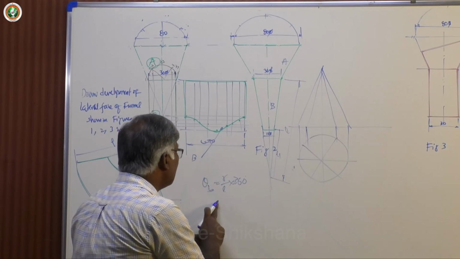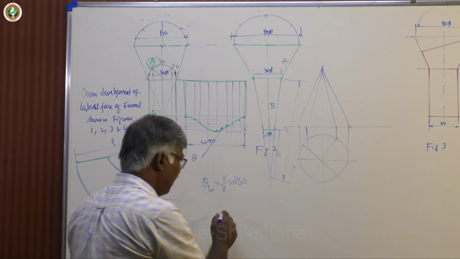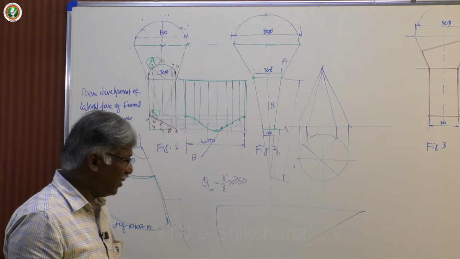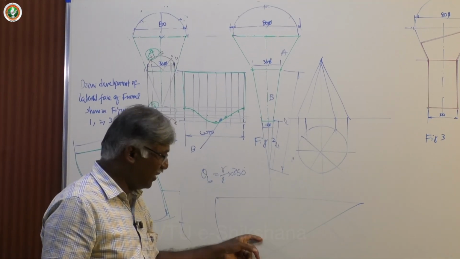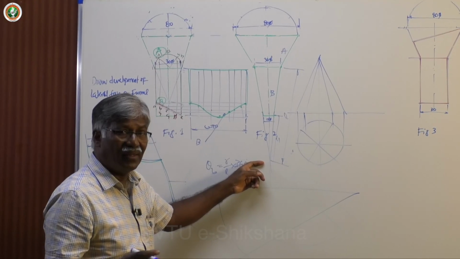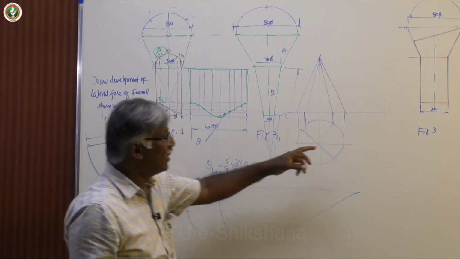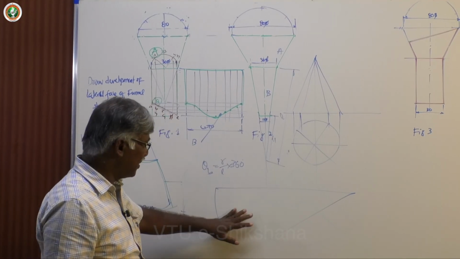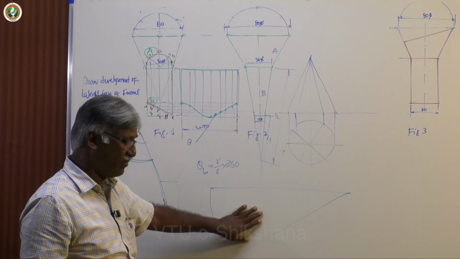After getting this theta B, draw this. In the computer you divide this into 8 equal parts by array if the truncation is there. If no truncation, no division, simply draw this segment.